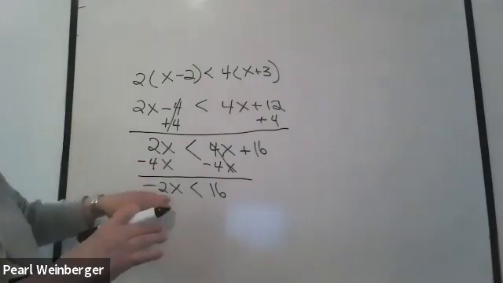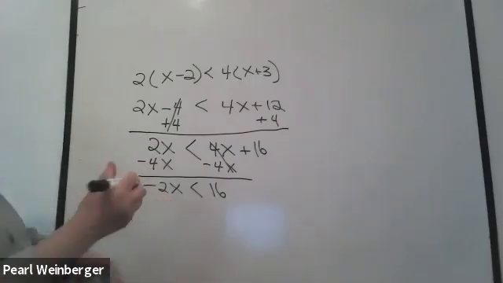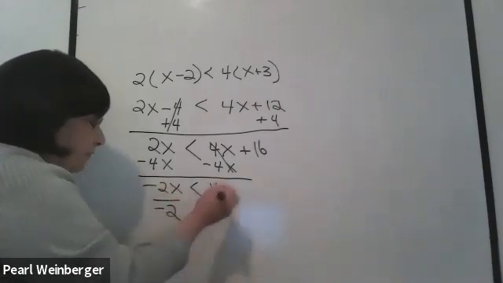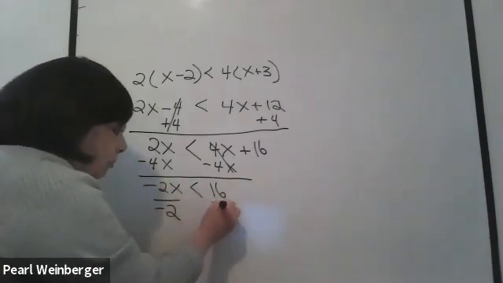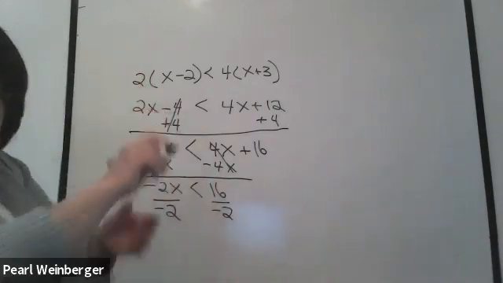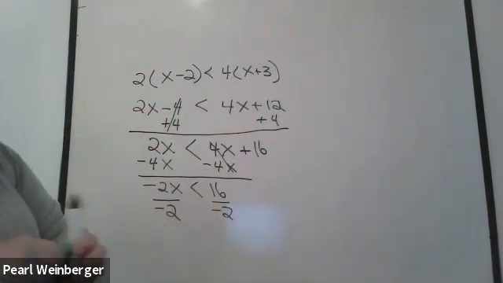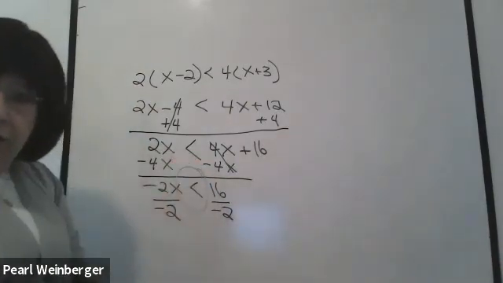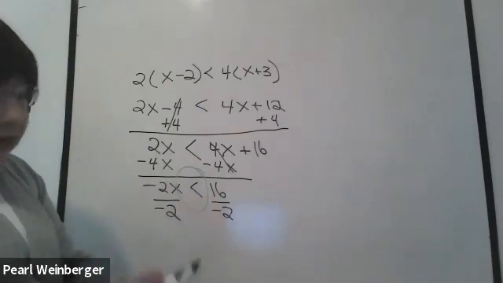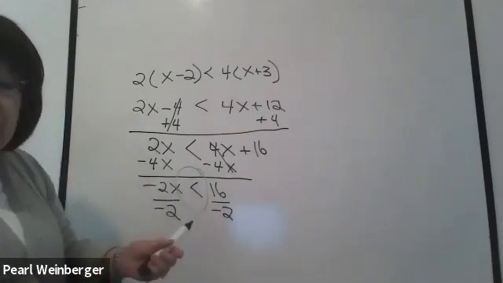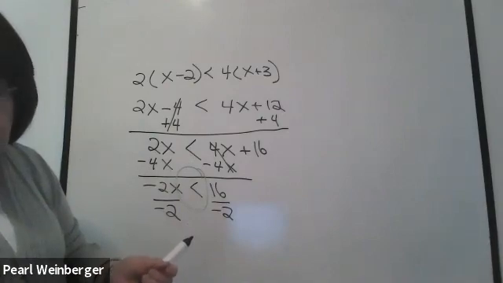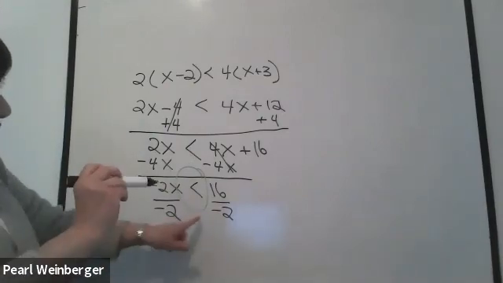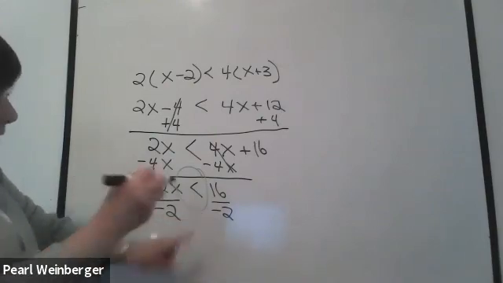Last step, get the x by itself by dividing by the coefficient of the x, which is negative 2. I'm going to have to divide both sides by negative 2. Aha! This is where I have to be careful. As soon as I divide or multiply by a negative number, I have to change the direction of the inequality.